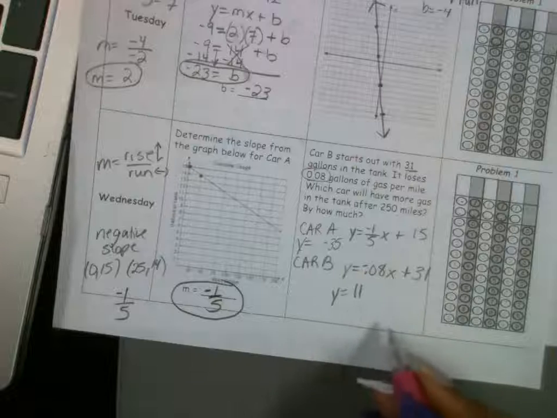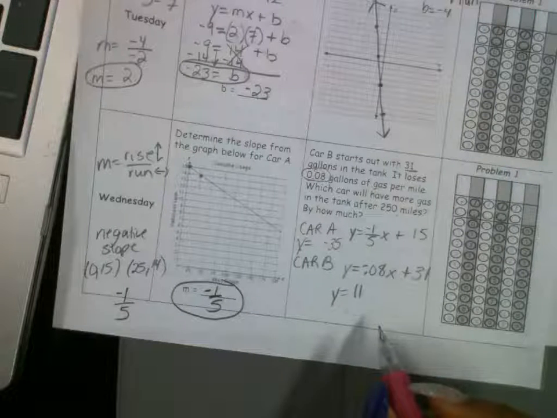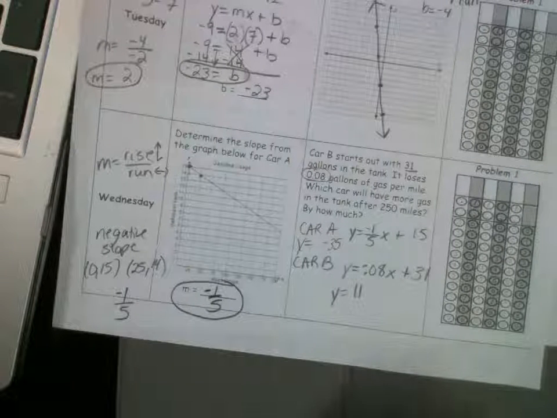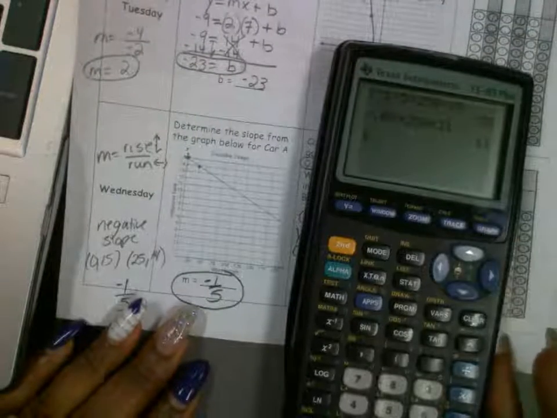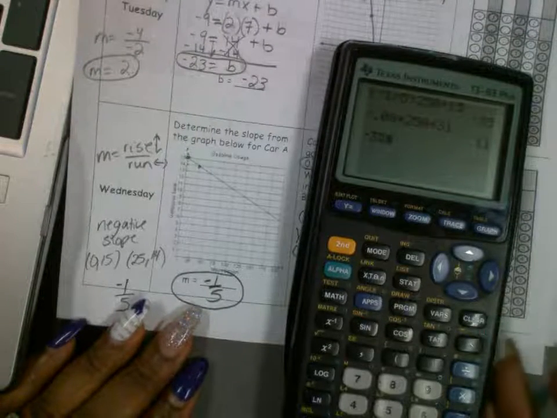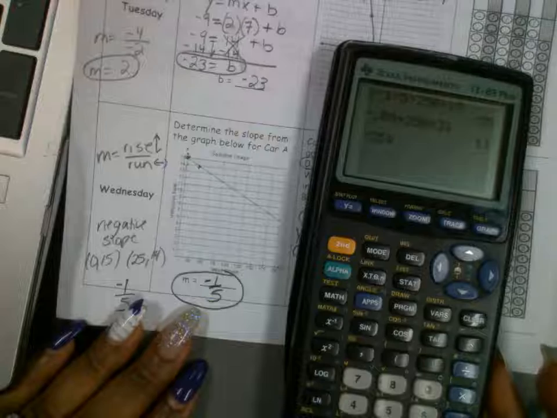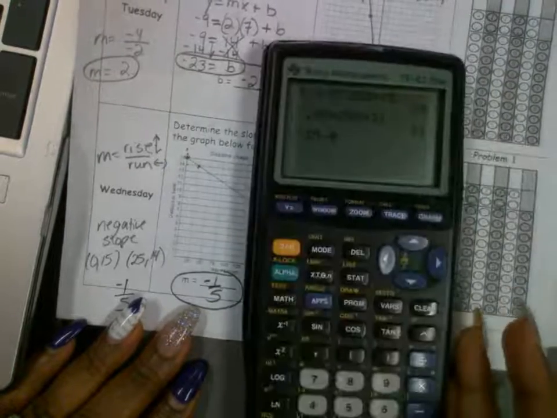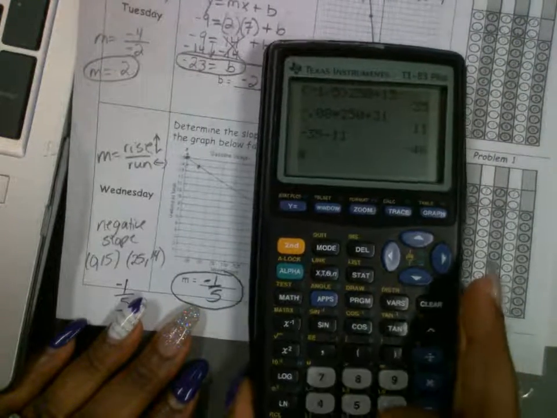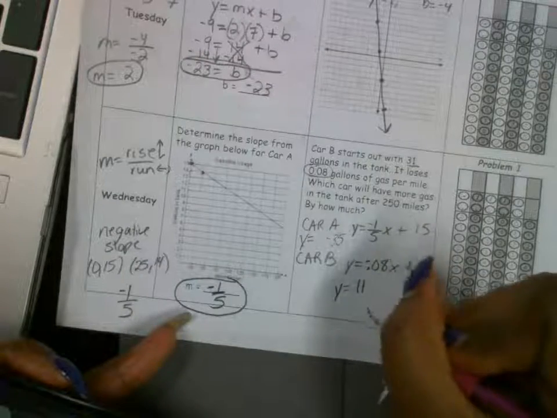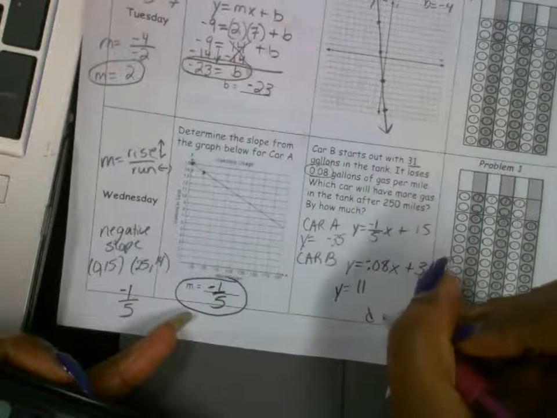So obviously B is the better option here. So we got -35 minus 11. And it's 46. The difference is 46 gallons.